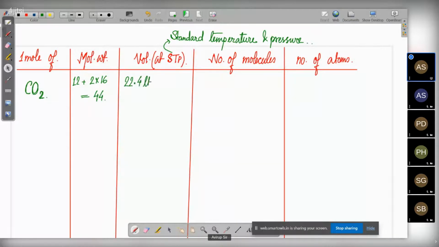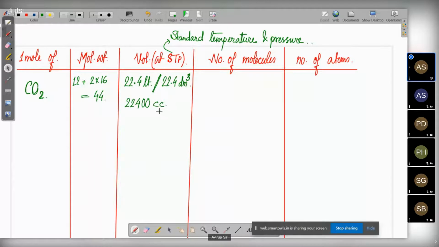Sometimes you do not want to express it in liters, you want to express it in other units. So 22.4 liters is 22.4 decimeter cube, which is another unit. Or if you want to express it in cc, that is cubic centimeter, then it will be 22400 cc.